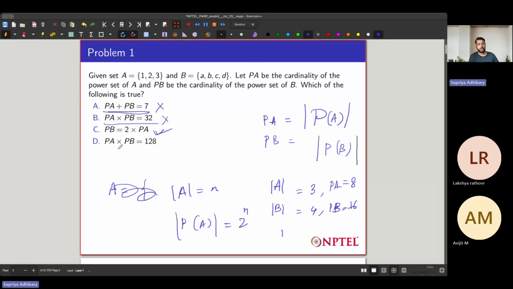And finally, PA times PB equals 120? PA times PB is 2 cubed times 2 to the 4, so that is 2 to the power 7, which is 128. So yes, this is also true. So C and D are the only true ones, and these two are not.